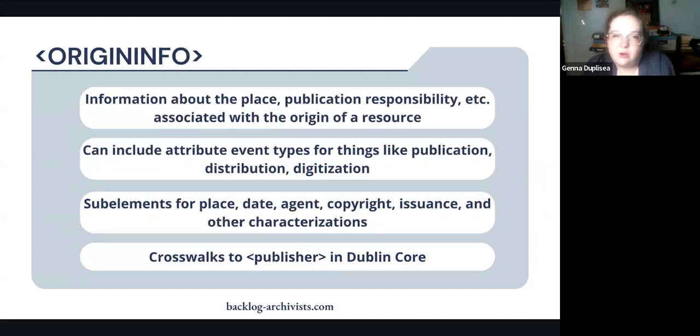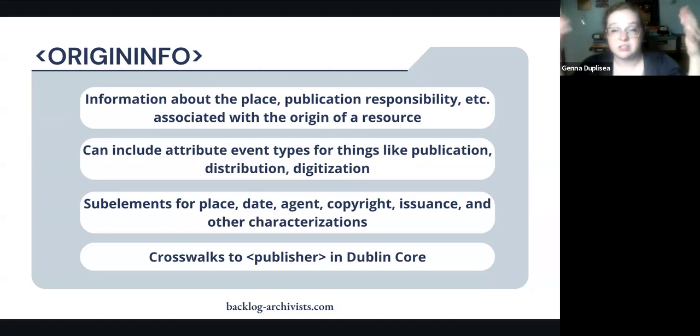The originInfo covers the information about the place, publication, and responsibility associated with the origin of the resource, which is the same as the publisher field in Dublin Core. But you can also include attributes, such as event types. So you might say the originInfo event type equals publication, or distribution, or digitization.